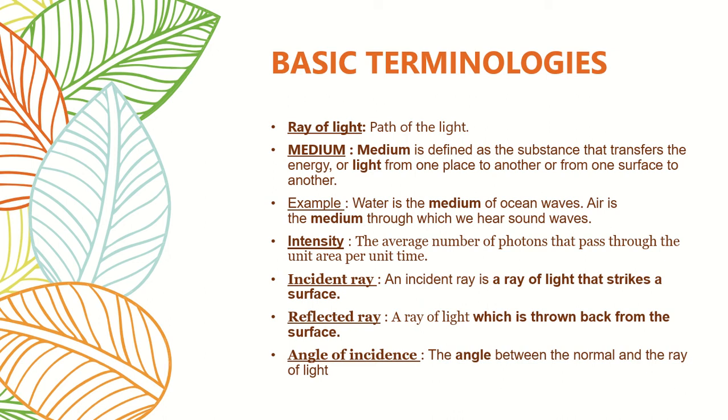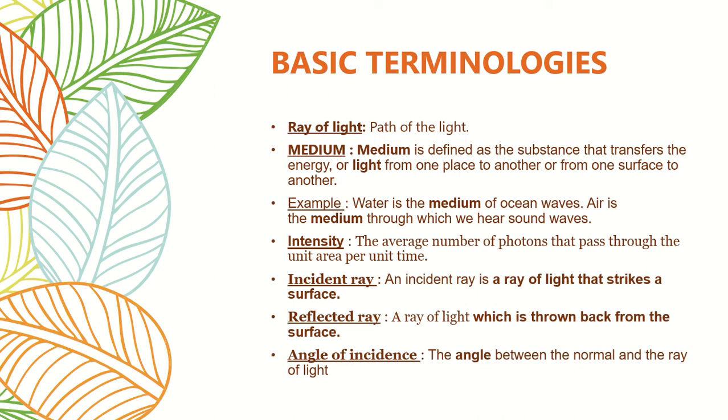Next, what is the angle of incidence? It is the angle between the normal and the ray of light, or incident ray. Normal here is nothing but the perpendicular to the surface.